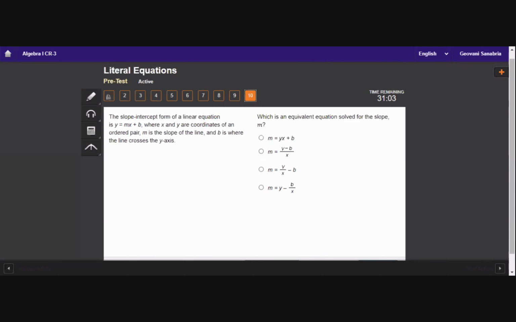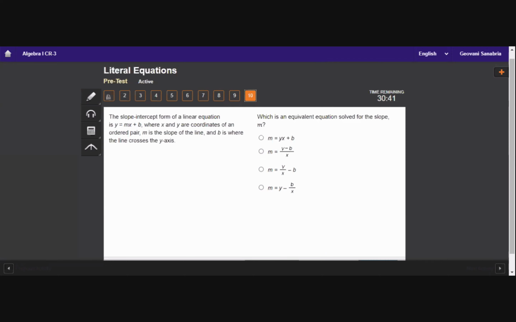Or you get Y minus B, not B minus Y. Because the Y is positive, and the B, you did a minus B, so the B is negative. So it'd be Y minus B.